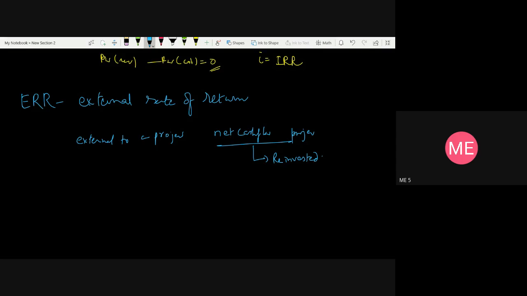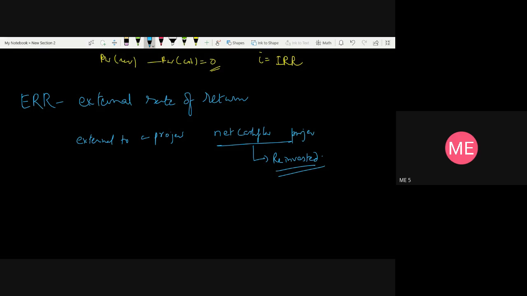In other words, ERR is the rate of interest available outside the project in the real world, such that it becomes attractive to withdraw the revenues from the business and reinvest. The net cash flows of the project are reinvested in this case.